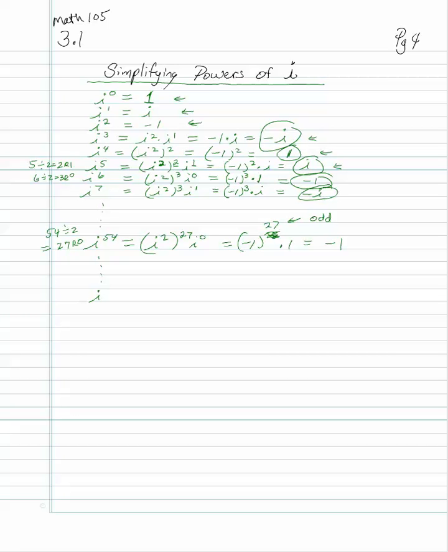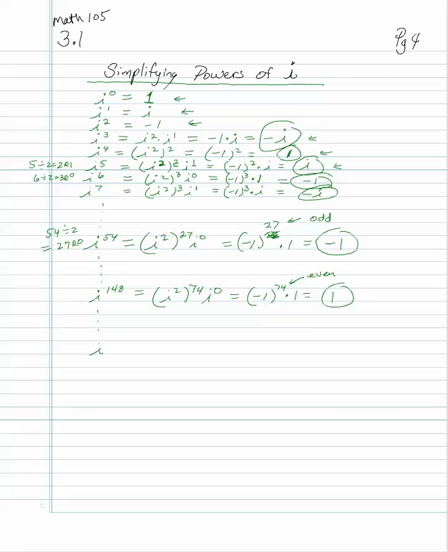So if I did i to the 148, that's i squared, 148 divided by 2 is 74, remainder 0. So that's negative 1 to the 74. So that's an even power, so that's positive 1.